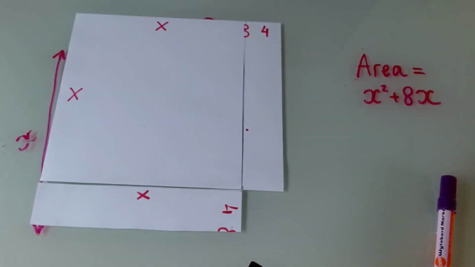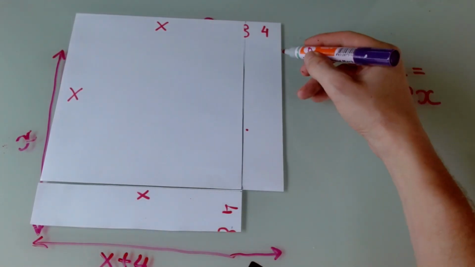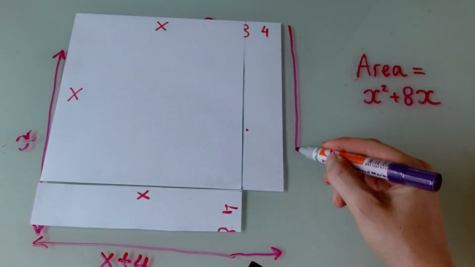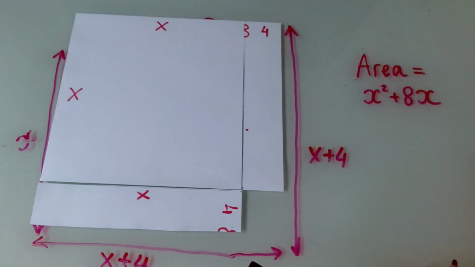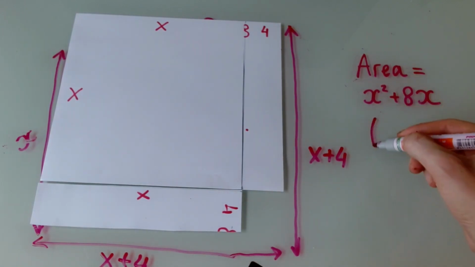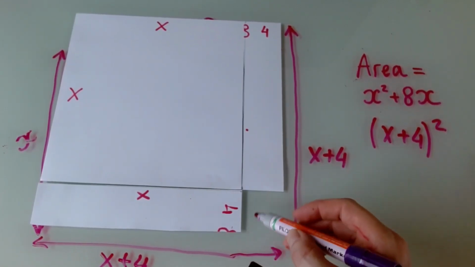Now this looks almost like a square, and the side of that square is going to be x plus 4. And we also have x plus 4 right here. So that means the area of this full square is going to be x plus 4 squared, apart from the fact there's a little square missing.